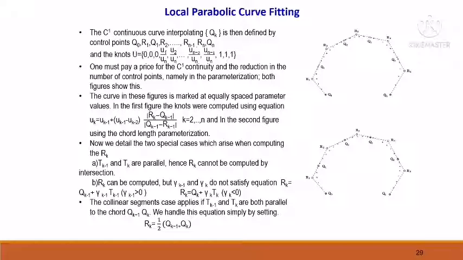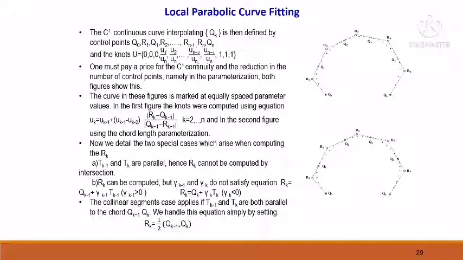In the first figure, the knots were computed using the equation uk equal to uk minus 1 plus uk minus 1 minus uk minus 2 mod of rk minus qk minus 1 divided by mod of qk minus 1 minus rk minus 1, where k is from 2 to n, and in the second figure we do it using the chord length parameterization. Now we detail the two special cases which arise when computing the Rk.